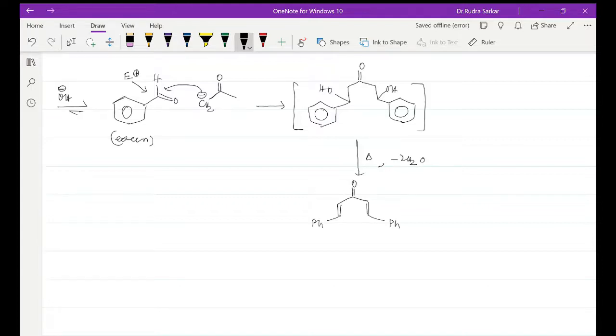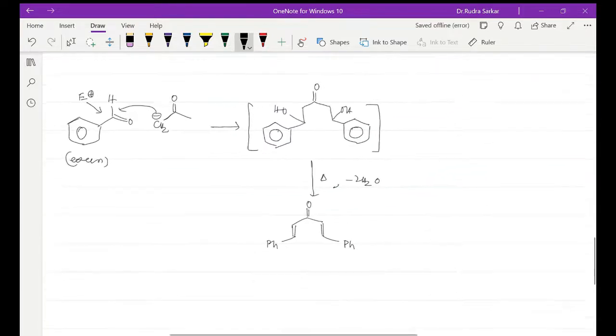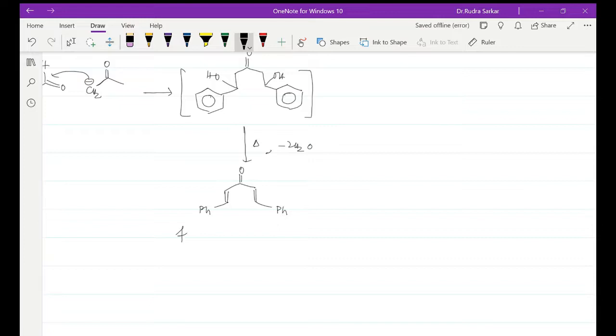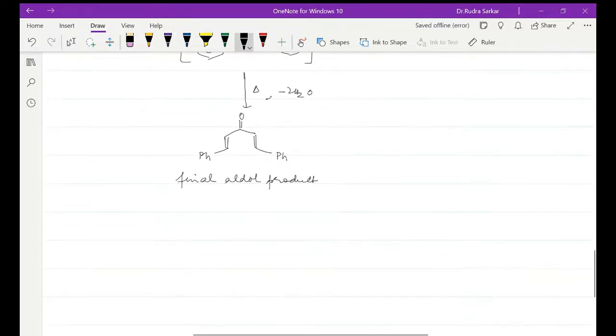Okay, so the final aldol product over here is the alpha, beta unsaturated ketone.